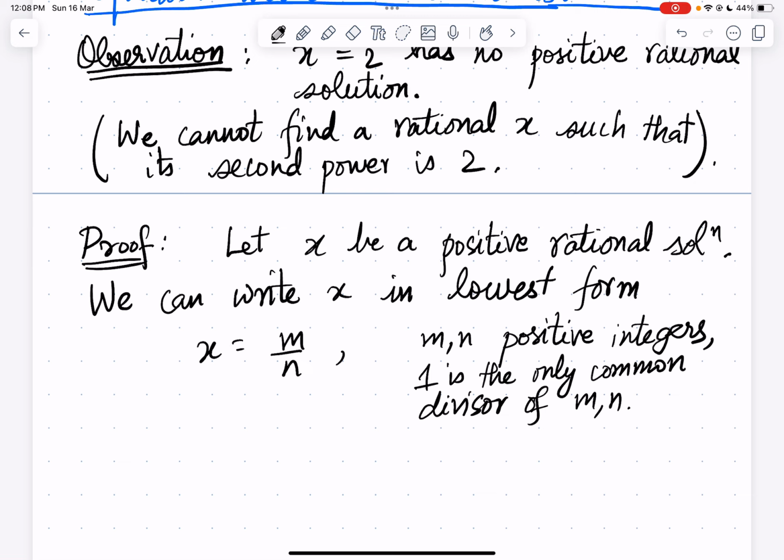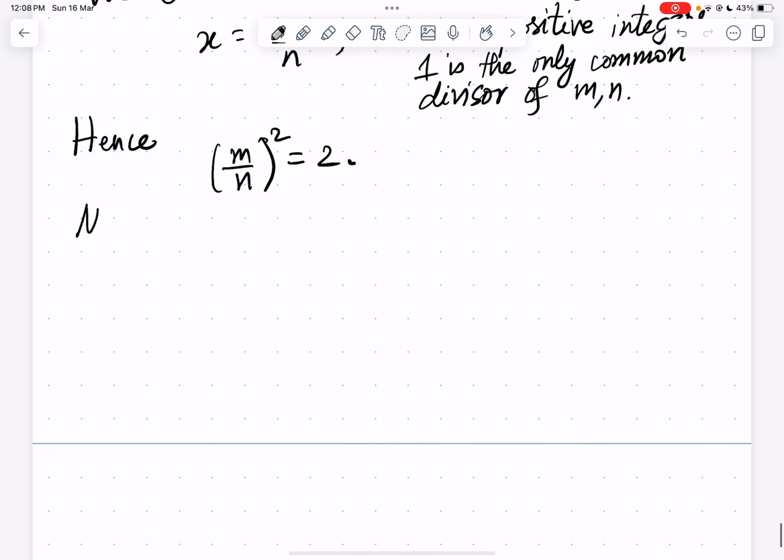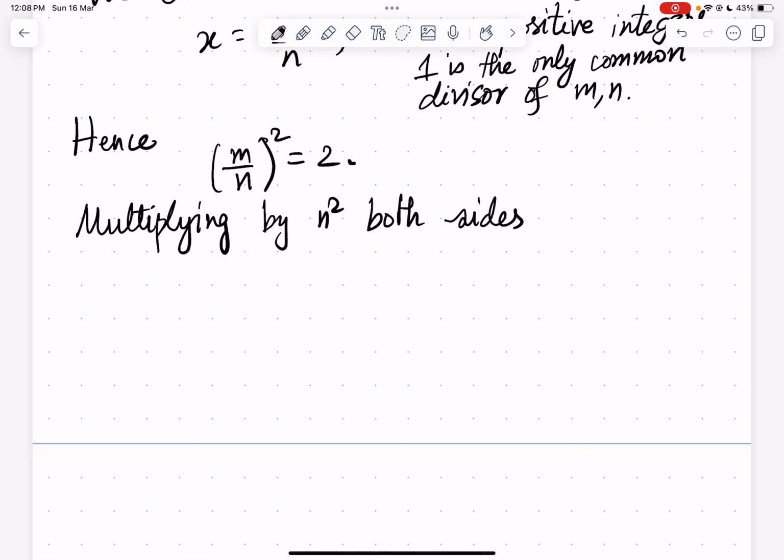So we can write x as m by n, where m and n are positive integers and 1 is the only common divisor of m and n. Hence, since x is a positive rational solution of x square equals 2, we have m square by n square equals 2. Multiplying by n square on both sides, m square equals 2n square.